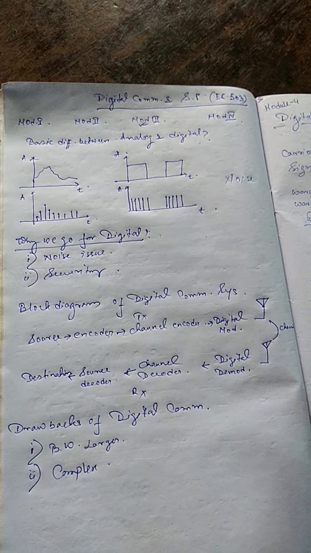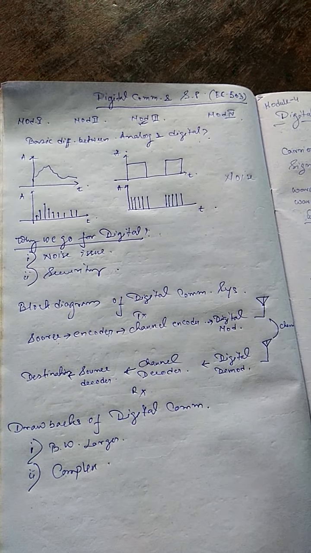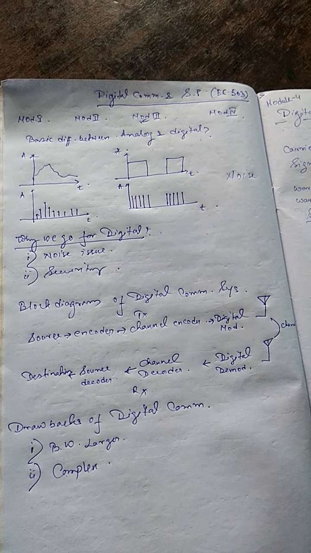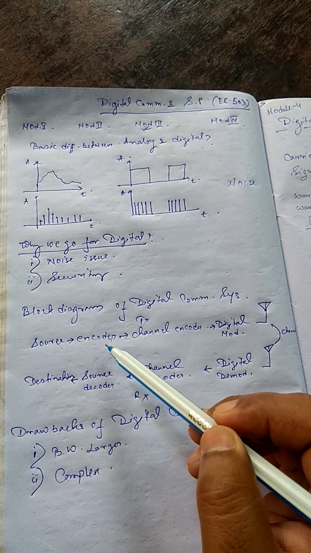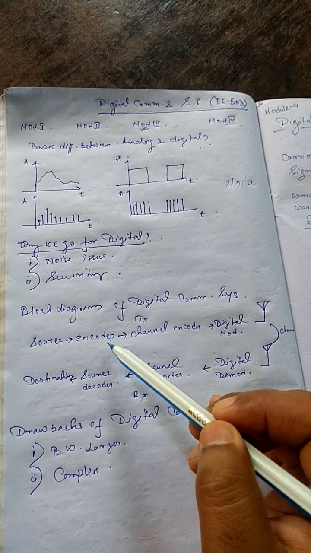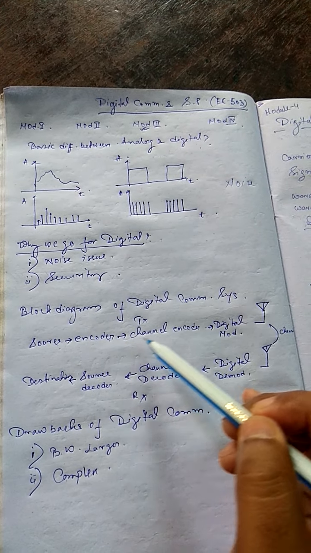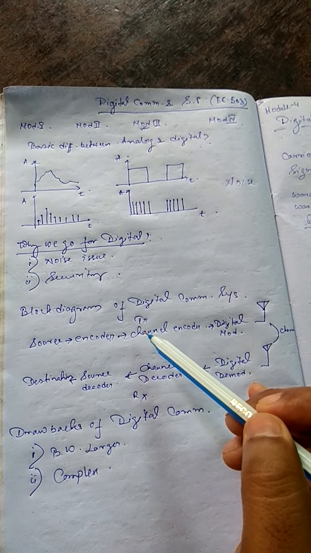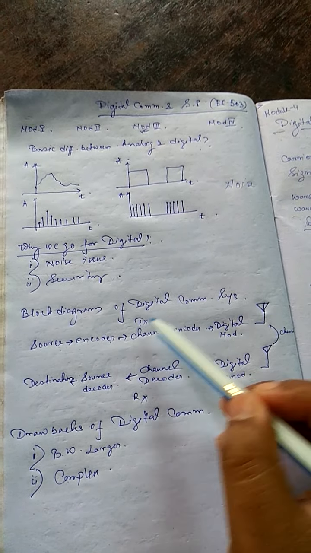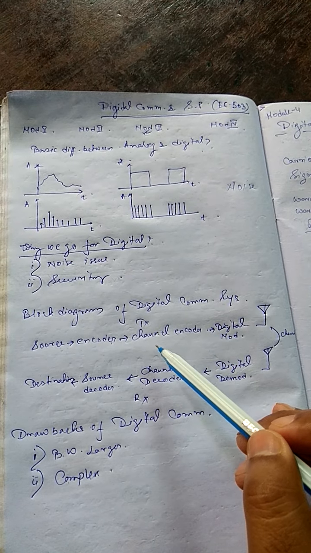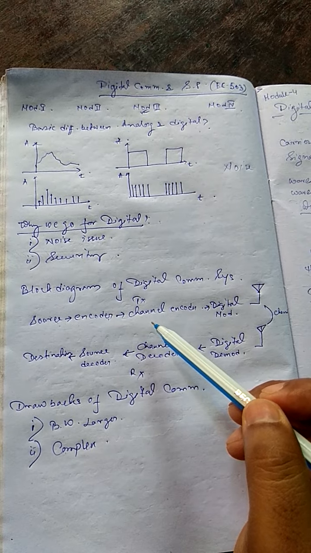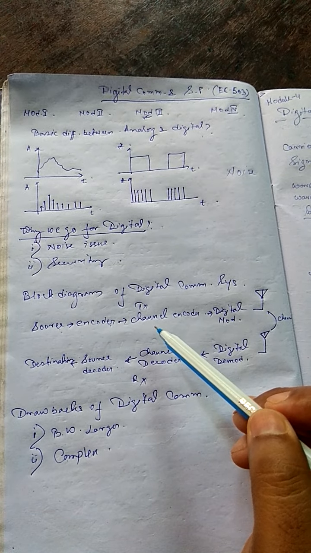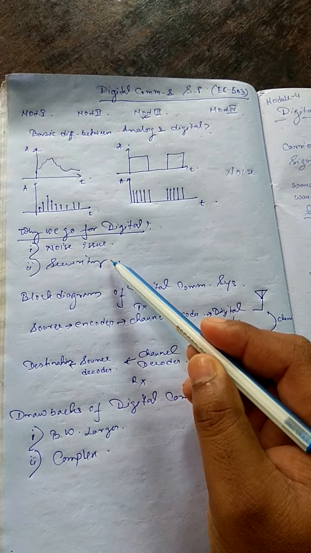That channel may be a wired channel or maybe a wireless channel. But in the digital communication system, after the source encoder, we use the channel encoder. Basically, the channel encoder portion is the crucial portion in the digital communication system. Why? Because we use different types of algorithms here to secure our system.